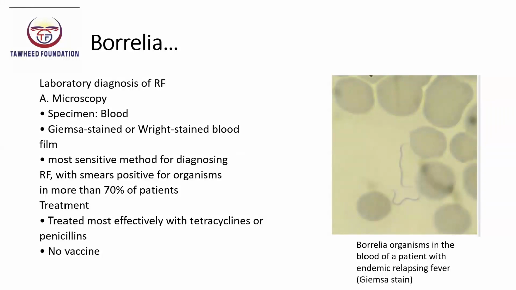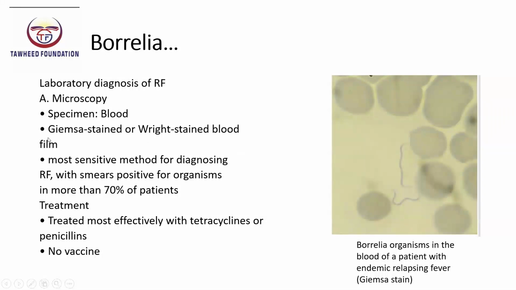This method is highly sensitive and gives rapid results, with organisms detected in more than 70% of cases. For Lyme disease, however, diagnosis relies on serological tests such as ELISA, followed by confirmatory Western blot, since Borrelia are not easily visualized in routine samples.